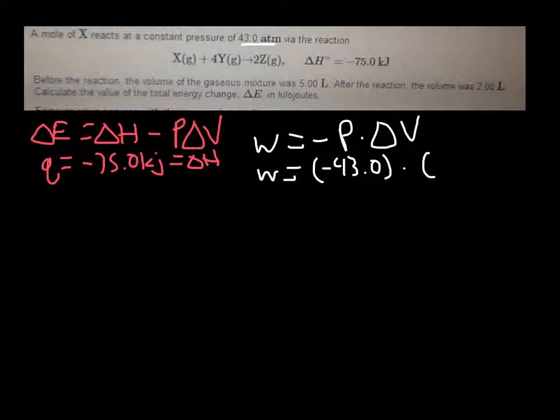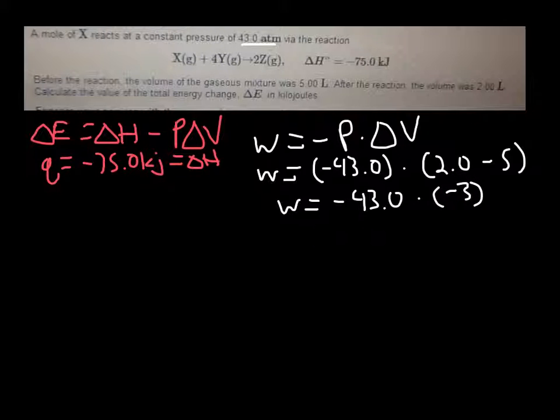The change in volume is from 5 liters to 2 liters, so 2.0 minus 5. Work equals negative 43 multiplied by minus 3, and when we multiply that out, we get work equals positive 129.